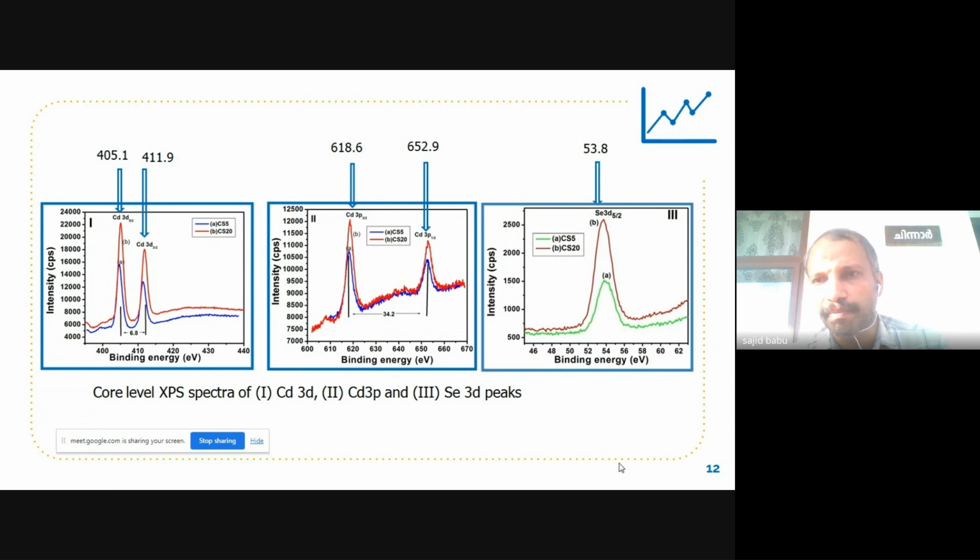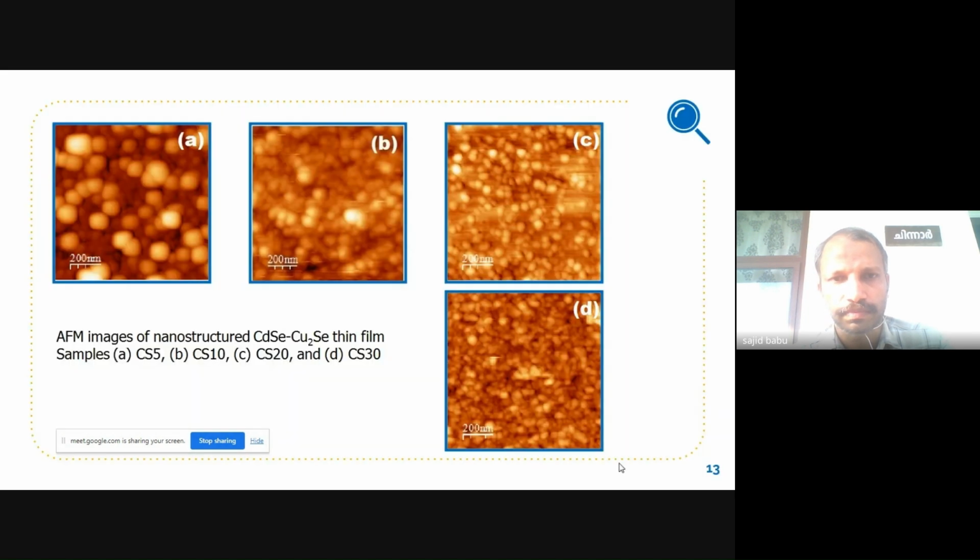And for selenium, the 3d peak was obtained at 53.8 electron volt. These are the AFM images. From the AFM images, the grains are spherical in shape, and their size decreases with the increase in Cu2S weight.